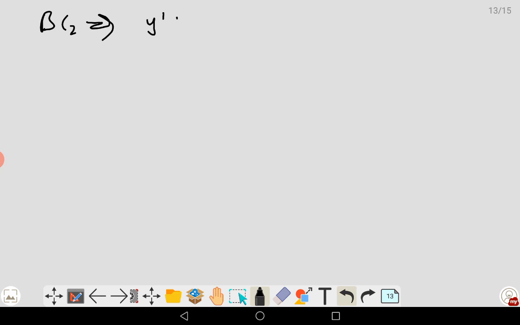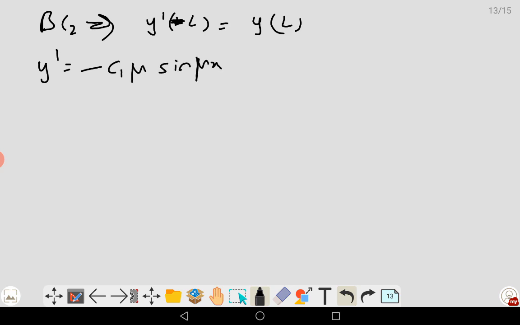What is boundary condition 2? Dealing with y prime: y prime of negative L is equal to y prime of L. What is y prime? Differentiate y: minus C1 mu sin mu x plus C2 mu cosine mu x.